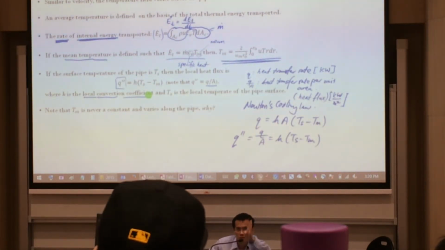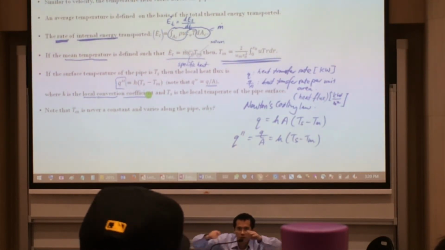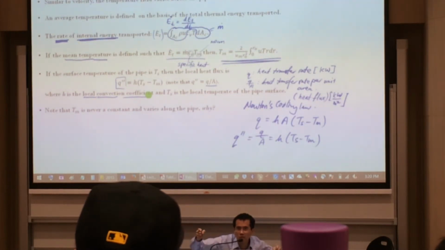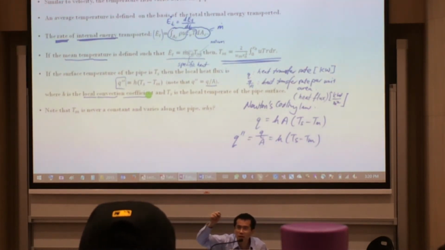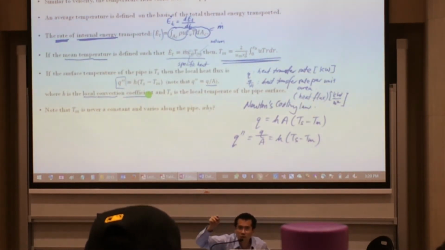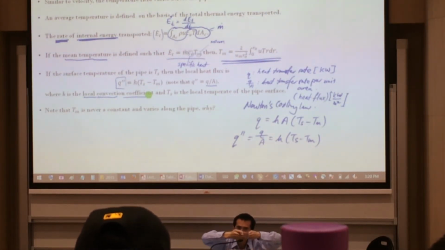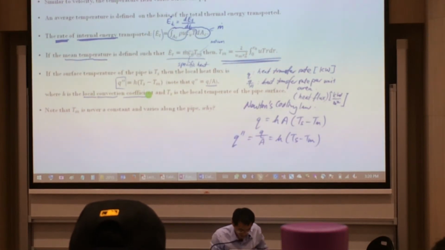That's the local, just that one single point. But we can't just use that one single point, we gotta use the average of that. So later on, you get to see this symbol as h with an over bar up there. So that over bar refers to the average heat transfer coefficient because we want to find out what's the average heat transfer coefficient over that surface area. So later on, we can solve that.